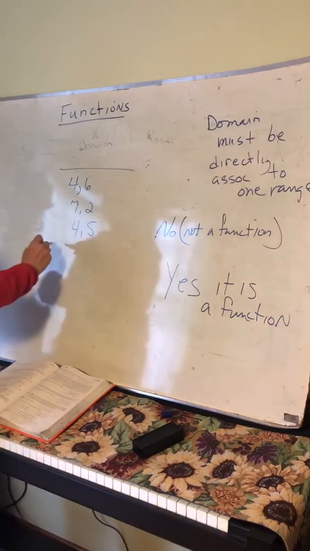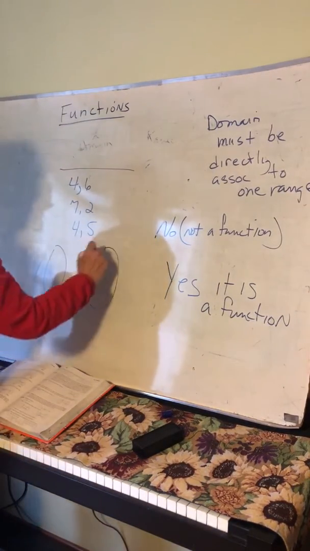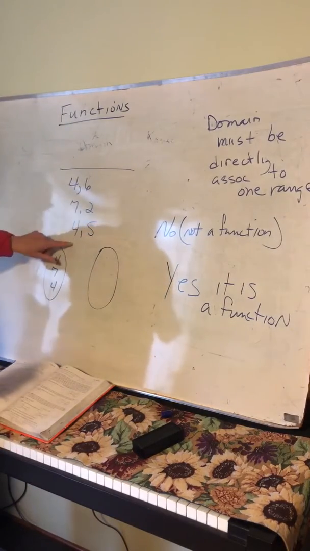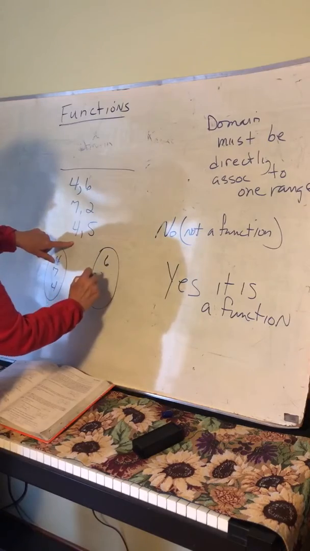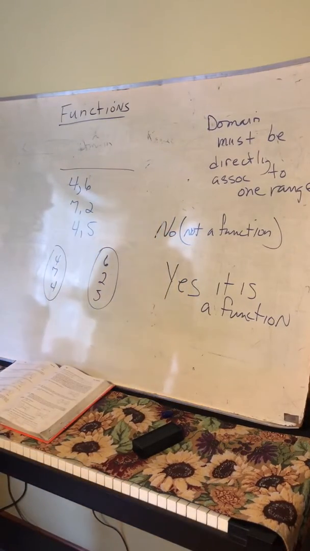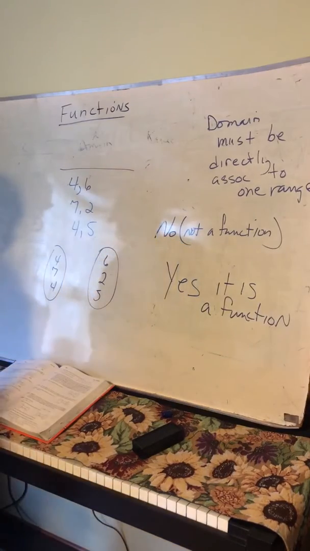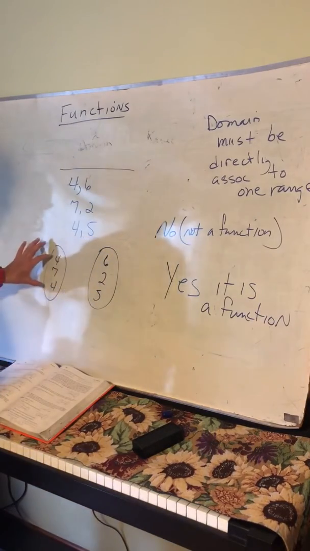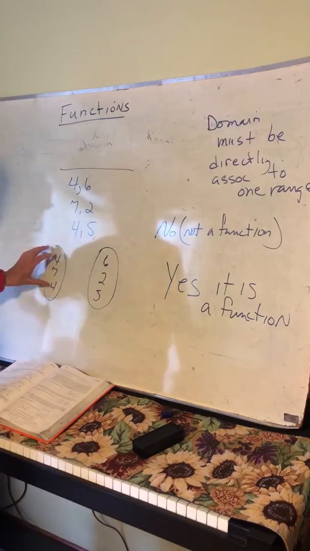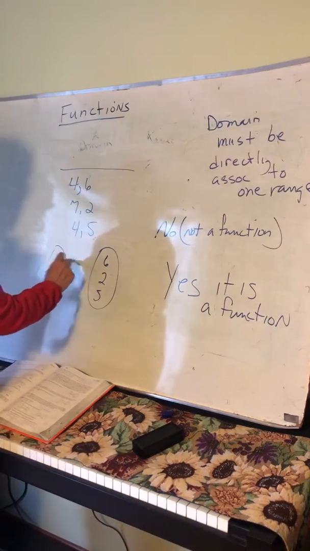Okay, so if you put it in the box, if you want to do this until you start to see it, you're going to put your x values here, these values here, and you have two of the same x values that relate to two different y values.